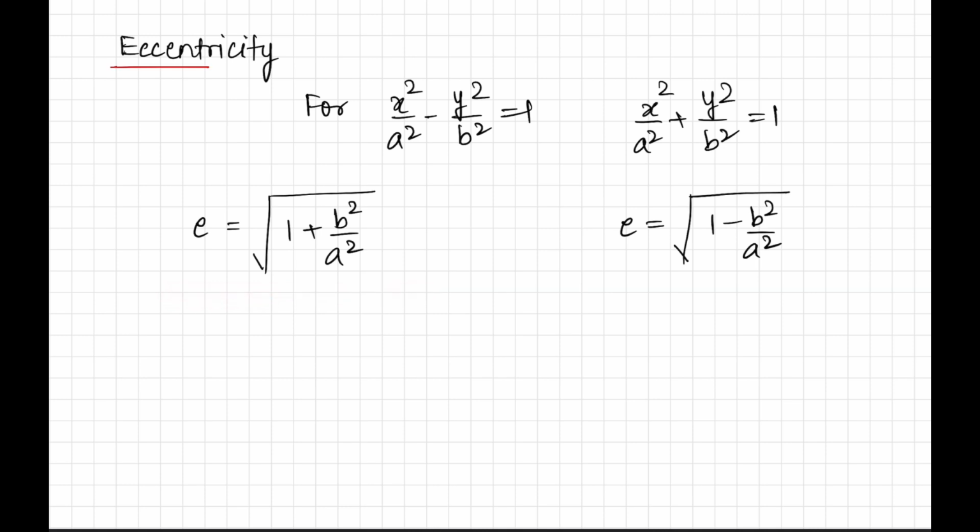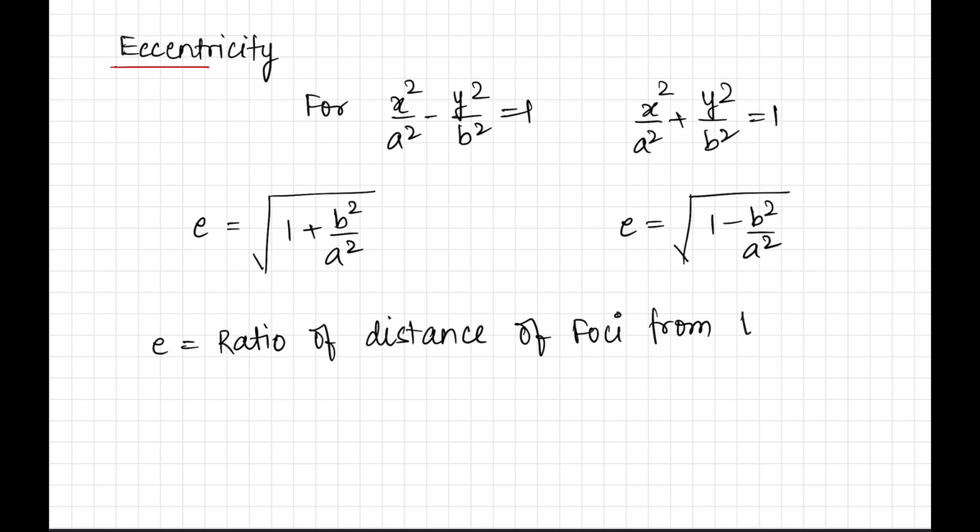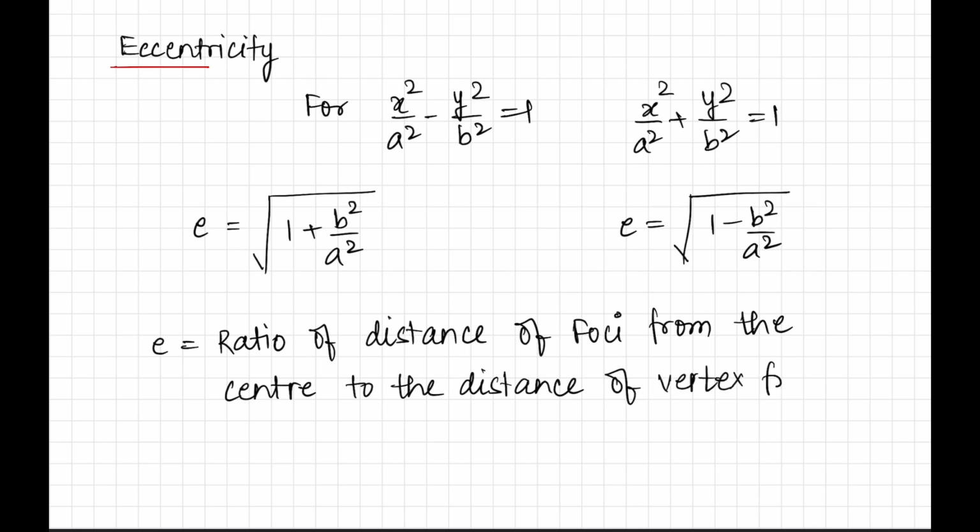This can also be understood as eccentricity is equal to the ratio of the distance of the foci from the center to the distance of the vertex from the center.